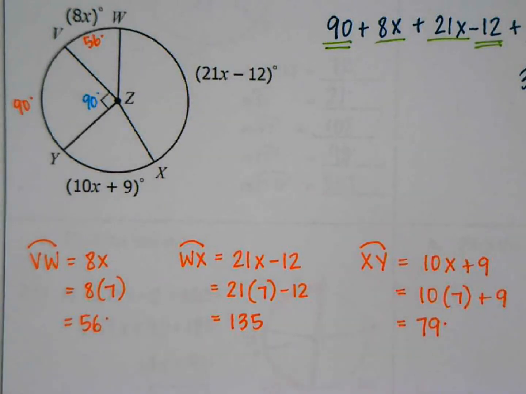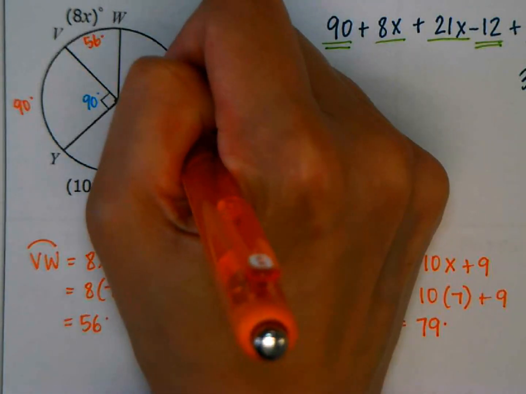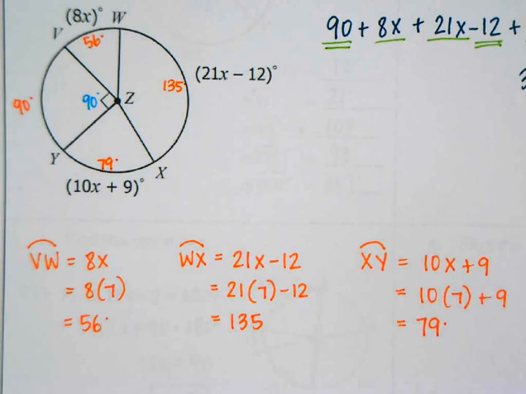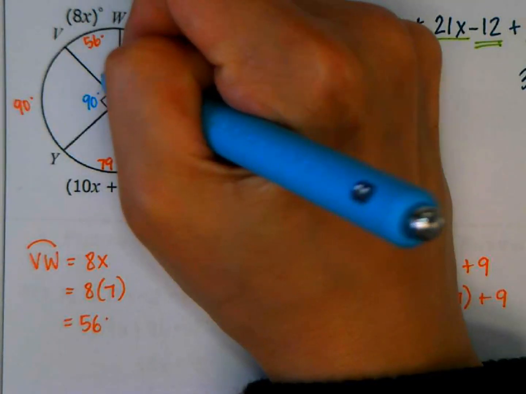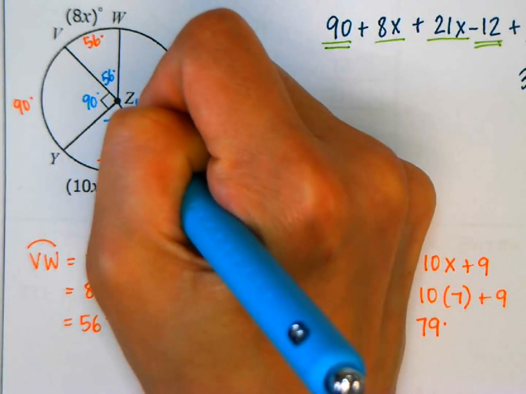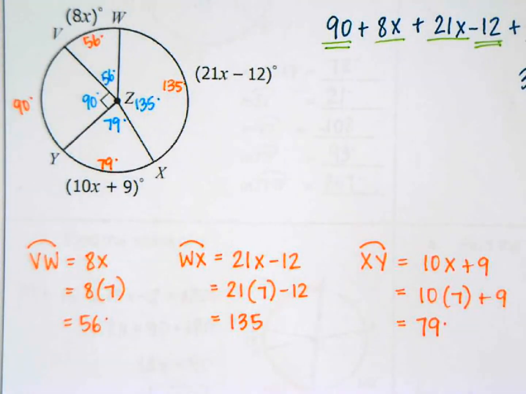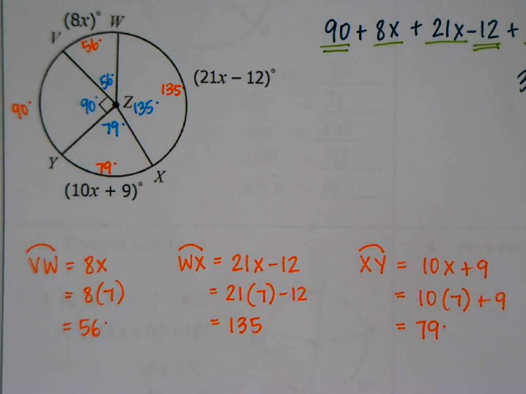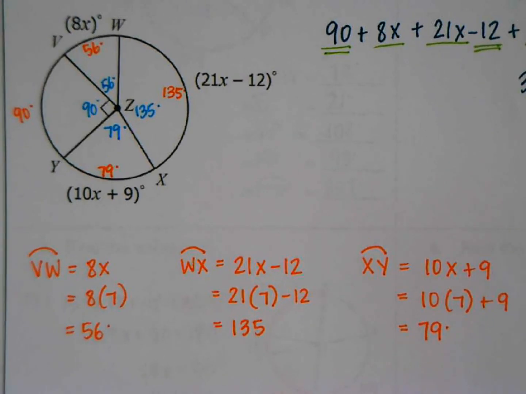I know they didn't ask for it, but it is good practice to duplicate it for the central angles. I know they're just asking for arcs. But once you have that, go ahead and fill in the answers in the corner. I'll go ahead and do that off to the side, and I'll reveal the answers once I have them all in. Go ahead, try them. And if you make a mistake, the worst that happens is we erase it, right? No biggie.